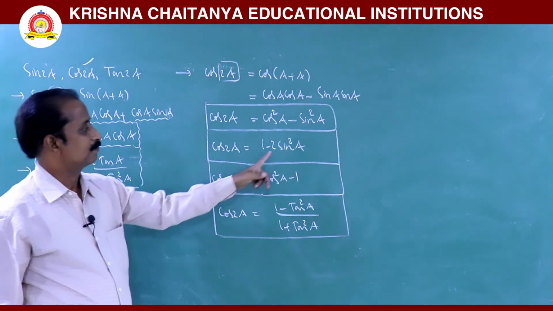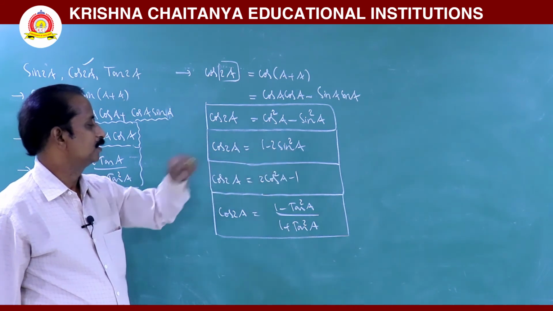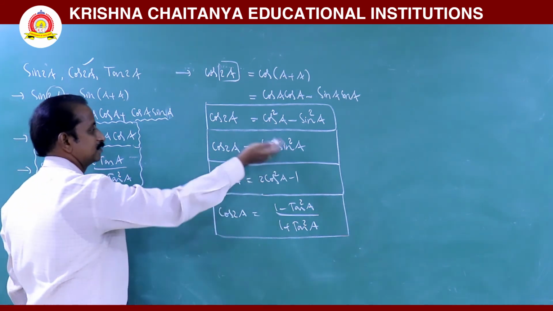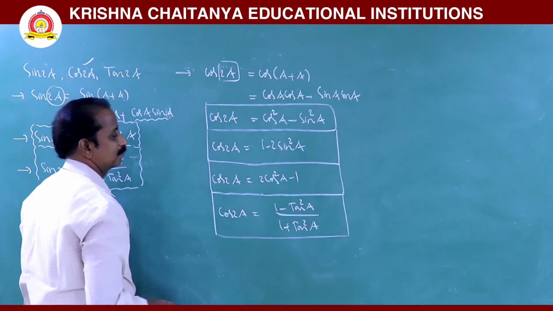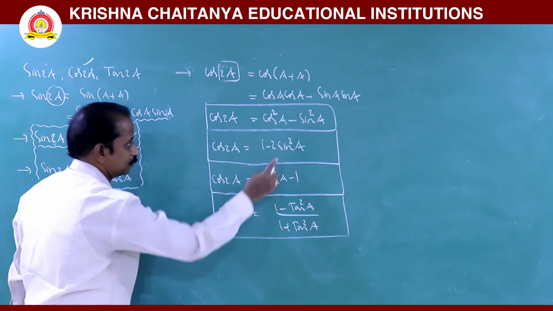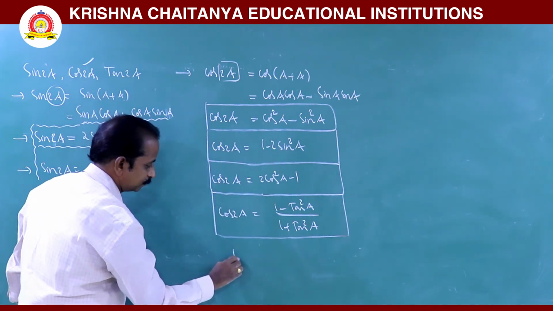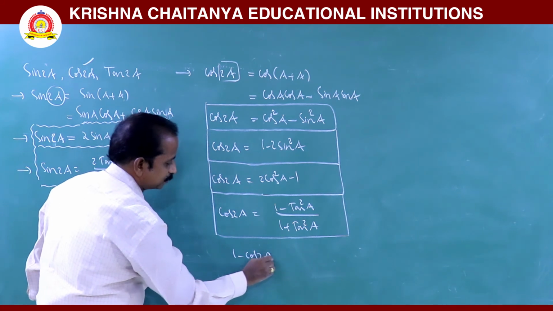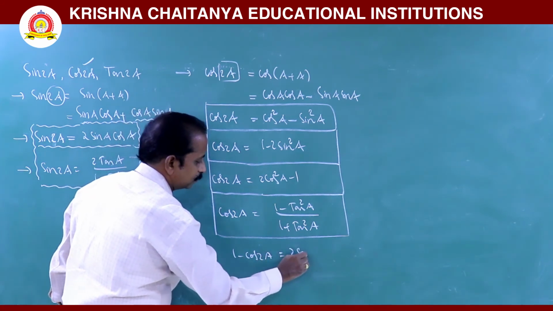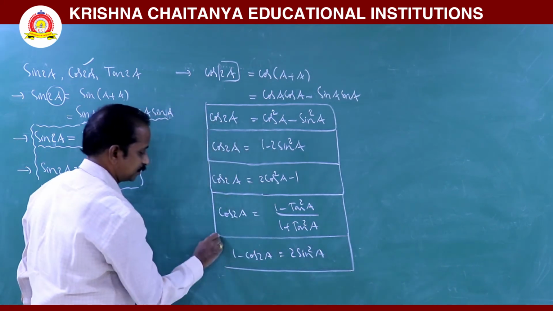Let us consider the minus term into the RHS side, plus cos 2A converted into the RHS side. This is LHS, this is RHS conversion. So, from this one we can write 2 sin square A is equal to 1 minus cos 2A. So, 1 minus cos 2A is equal to 2 sin square A. So, this is another basic.